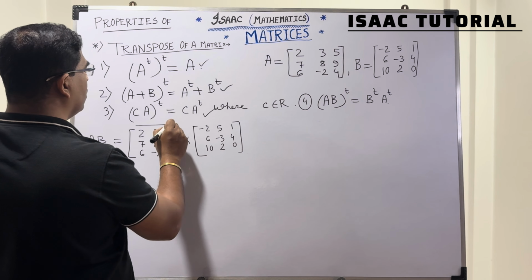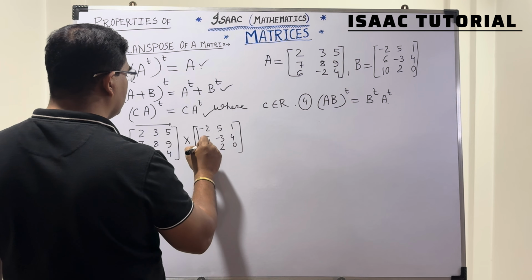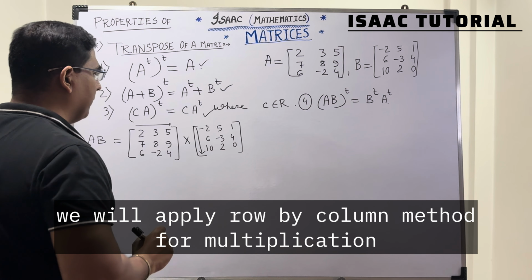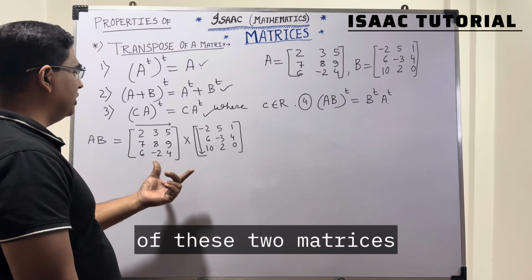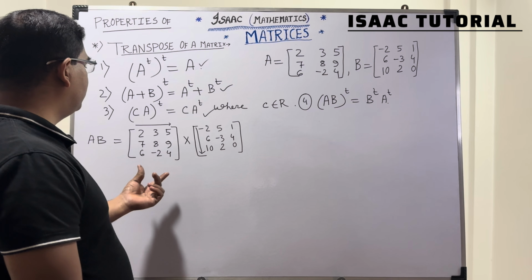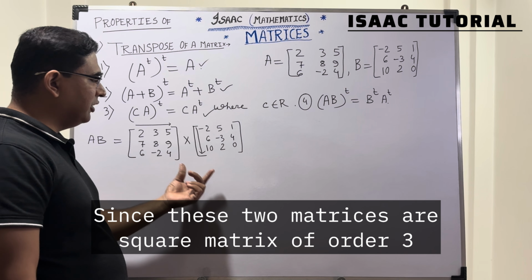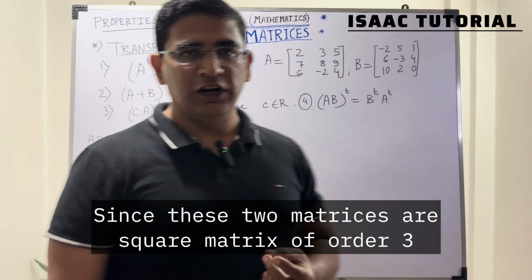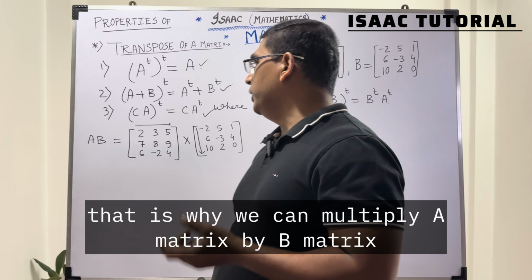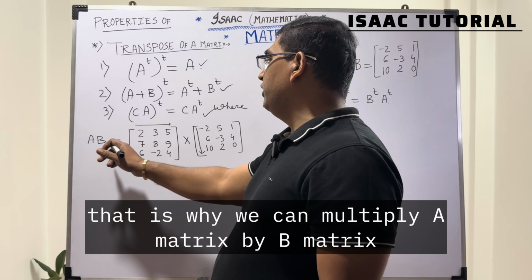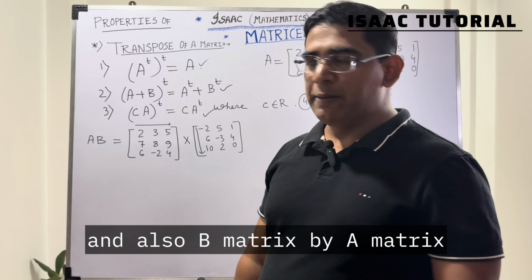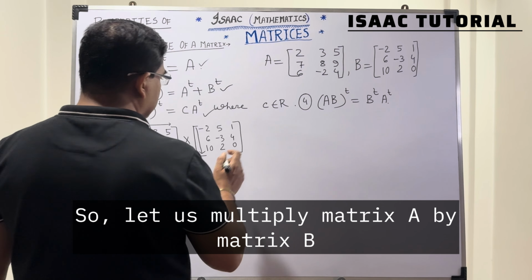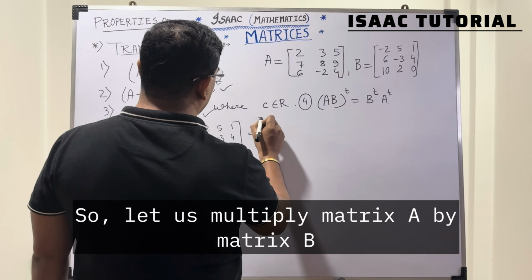Here we will apply row by column method for multiplication of these two matrices. Since these two matrices are square matrix of order 3, that is why we can multiply A matrix by B matrix and also B matrix by A matrix. Okay, so let us multiply matrix A by matrix B.